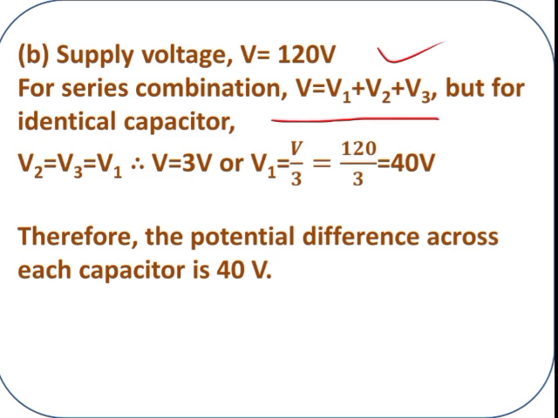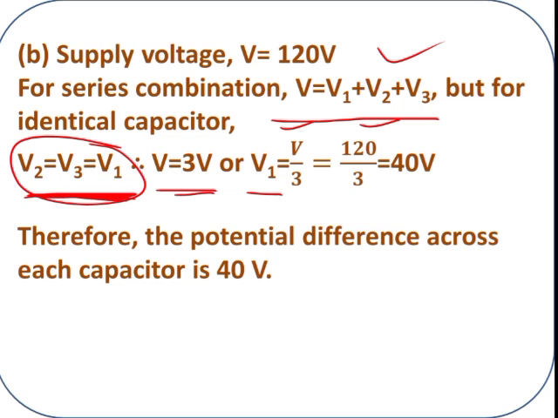V is equal to V1 plus V2 plus V3, but for identical capacitors, all are identical, same values. For that reason, V1 is equal to V2 is equal to V3. Therefore, V is equal to 3V1, because all are identical, 9 only, that is the reason. So we have to equate all. V is how much? 120.